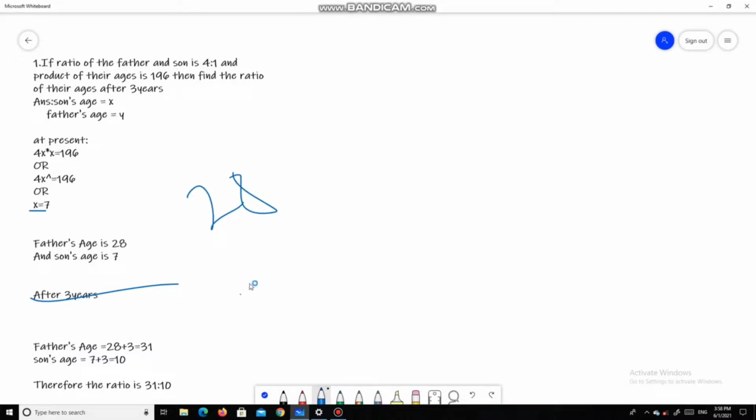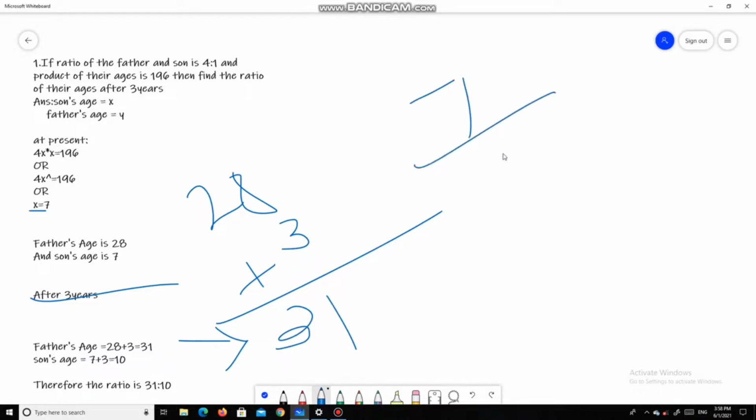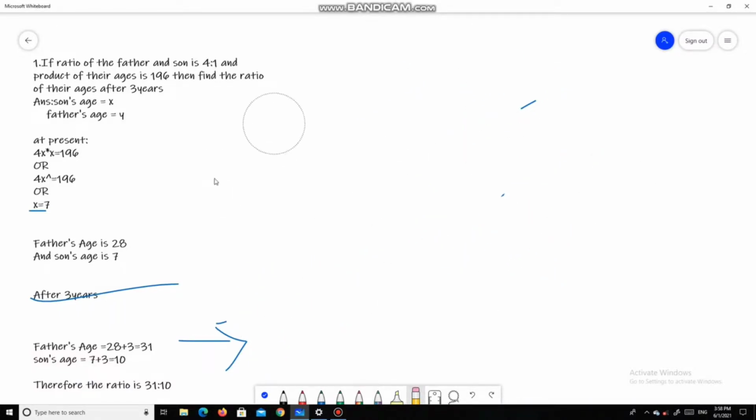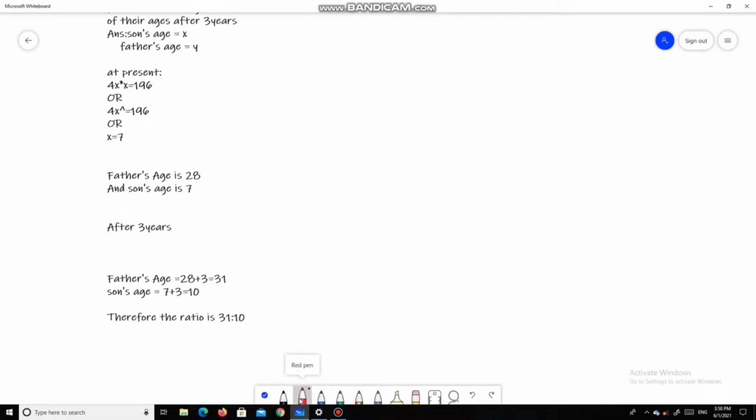So 28 plus 3 is equal to 31, and 7 plus 3 is equal to 10. So we should now find the ratio of their ages. First is 31 and second is 10.